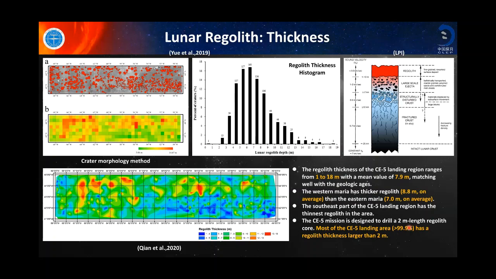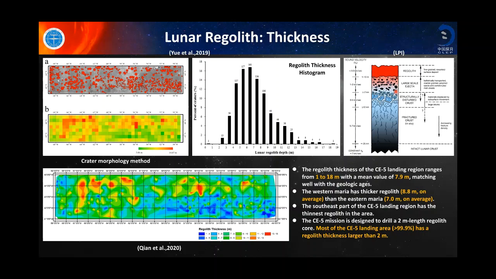But we should still be careful, because lunar regolith is a very complex system. Even a fragment or a big boulder can hinder the mission operations.